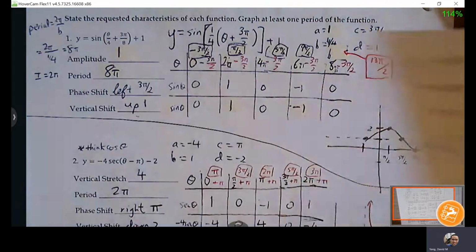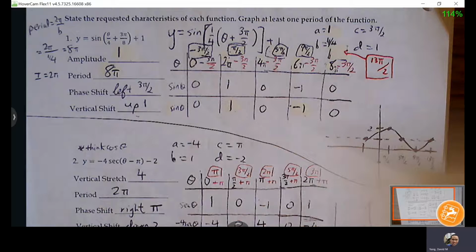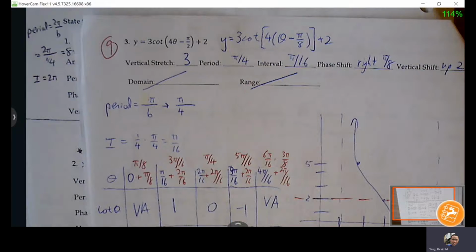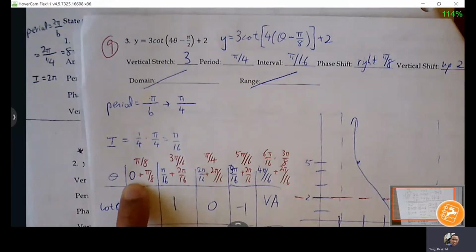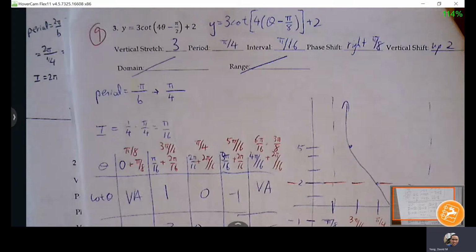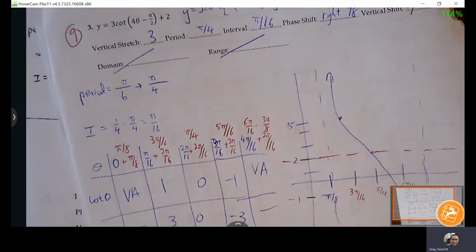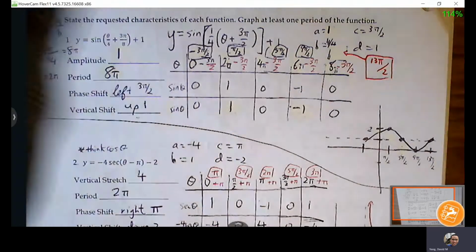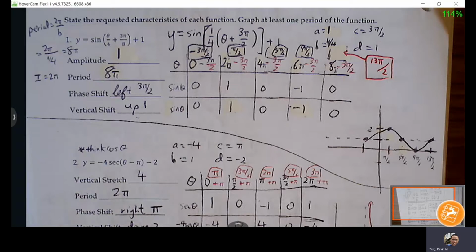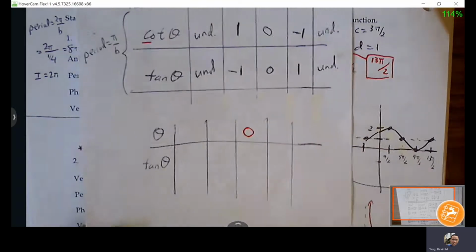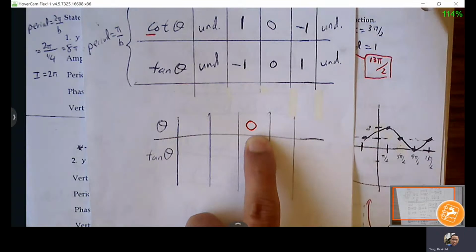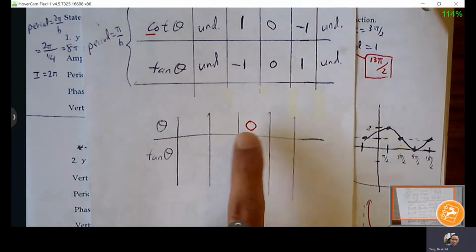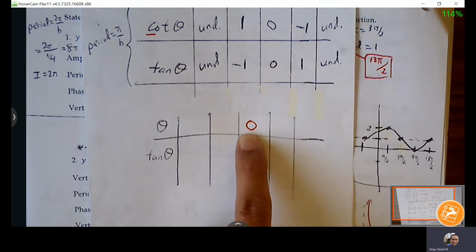But what I saw a lot was many of you were also doing the same to cotangent. Cotangent doesn't start 0 in the center. Cotangent starts 0 on the left. So you build cotangent the same way that you did sine, cosine, cosecant. You start on the left and then you build across. The only time in your table that you're filling that middle third column with 0 is tangent. So don't do this for cotangent, only do this for tangent.